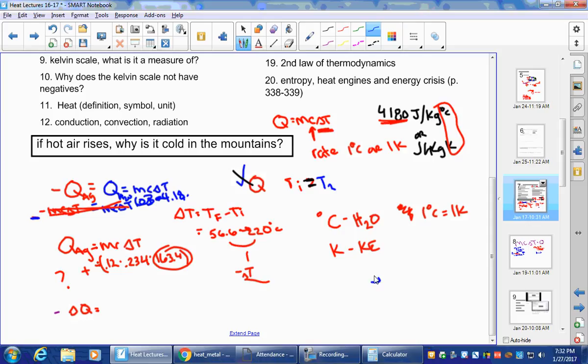So I'm going to write it over here. For water, it's blue. Change in T. T final minus T initial. Now the T final is also 56.6. But what was the T initial? T initial was only 20 degrees, right? So this is going to end up being a positive value over here. So because this is a positive value, my change in heat will be positive. Okay. So that's about all you need to know for this.